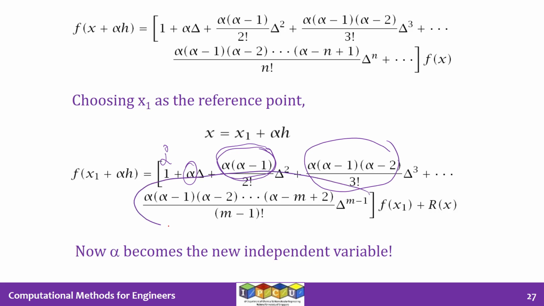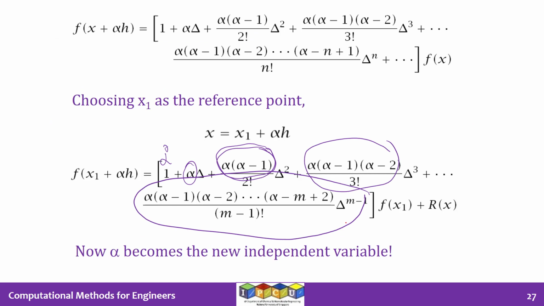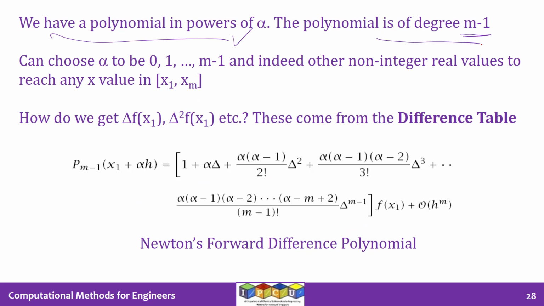This term would contribute alpha to the power of m minus 1. So this is now a polynomial in alpha. So it is fair to say that now we have a polynomial inside the square brackets, which is in powers of alpha, and the polynomial is of degree m minus 1. As I just remarked, the last term will have alpha to the power of m minus 1. So this is okay as well.